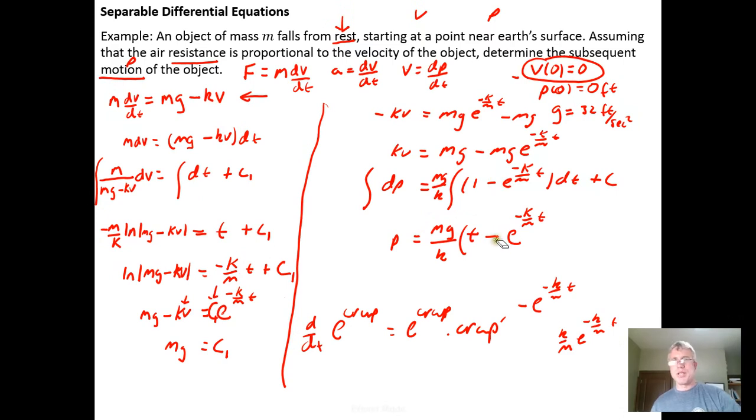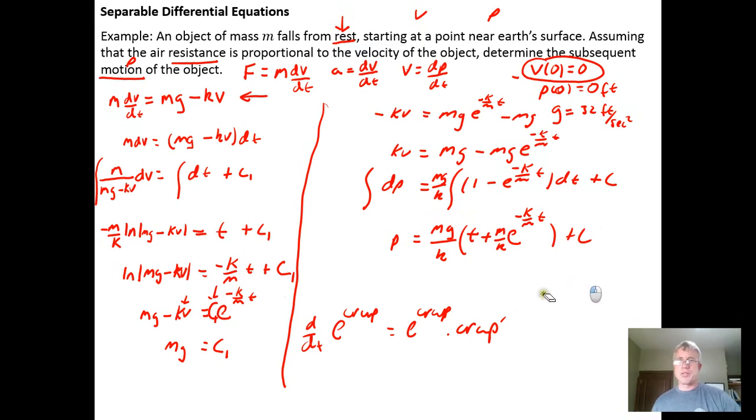So we need to tweak this right here. We'll need to make this a plus, m over k. I need to multiply by the reciprocal of the thing that I'll get when I take the derivative. So multiply by m over k plus that constant of integration.